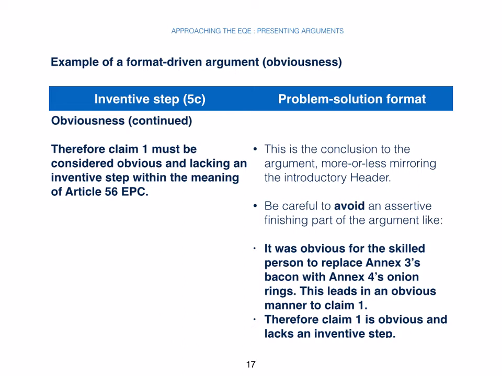This is circular reasoning. If you find that in your writings you have assertions of this type, you should replace the statement "it was obvious for the skilled person to blah, blah, blah" at the beginning with an alternative wording, such as "Annex 4 teaches the skilled person", to avoid making this assertion.